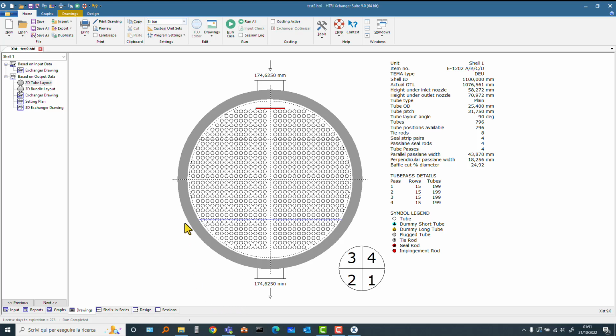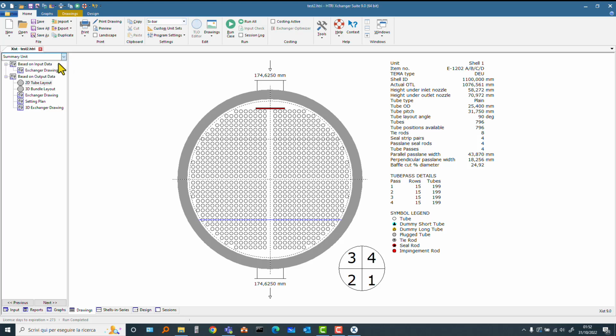So this is the tube layout, and the calculated number of tubes, considering the diameter that we have given, is 796 tubes, which have been the data to be set in order to find this tube layout.